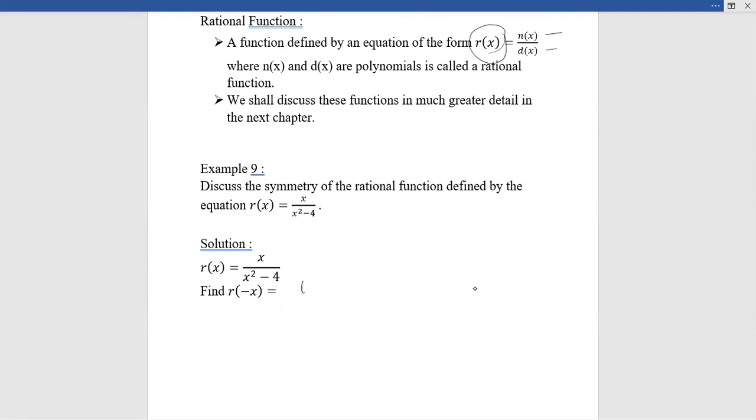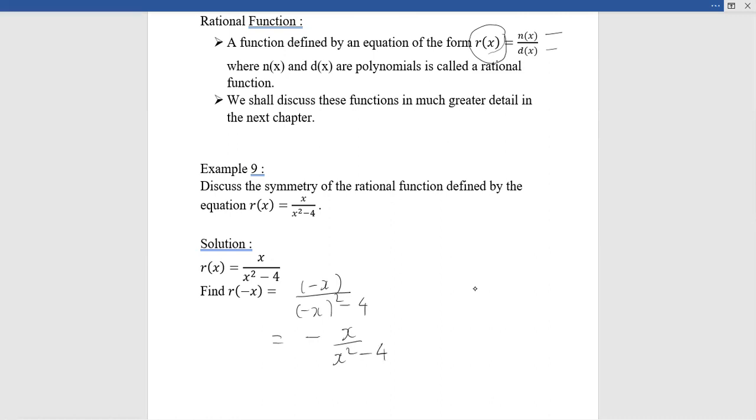So we get negative x divided by negative x squared minus 4. What we get is negative x divided by, negative x whole thing squared is positive x squared, minus 4.